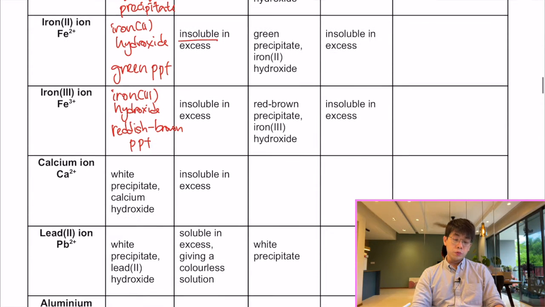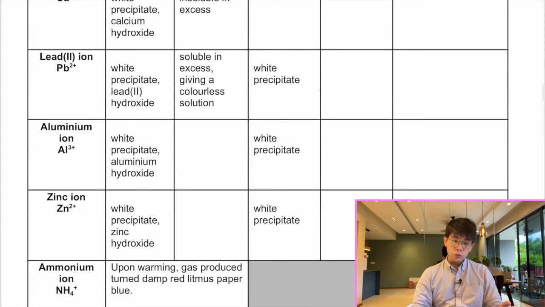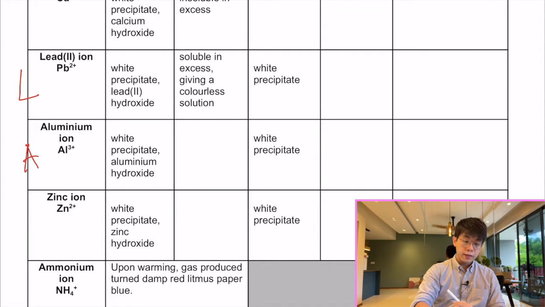Now, we come to calcium hydroxide. When you test calcium, you get a white precipitate, calcium hydroxide, and this is insoluble in excess. Then we have these three. Lead 2 forms a white precipitate, lead 2 hydroxide; aluminium, a white precipitate, aluminium hydroxide; and zinc, zinc hydroxide, a white precipitate. You realize they are all three white, so it's very hard to identify. But what we must notice is that these three are your LAZ, and you should have already recognized that these are amphoteric.